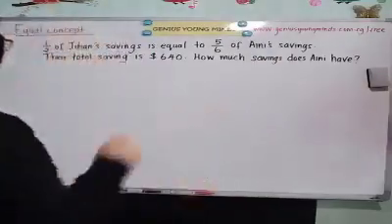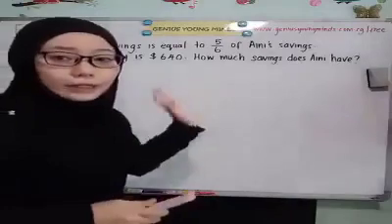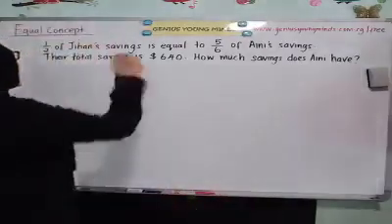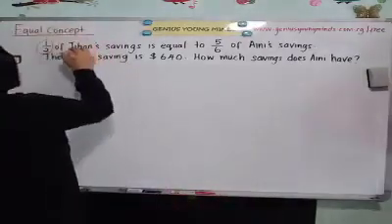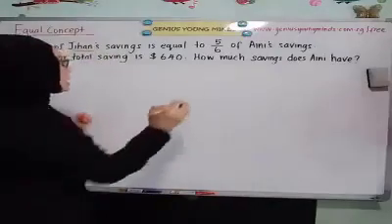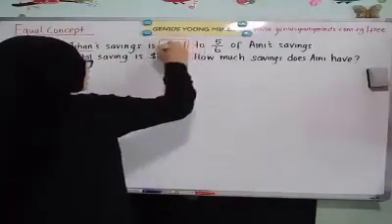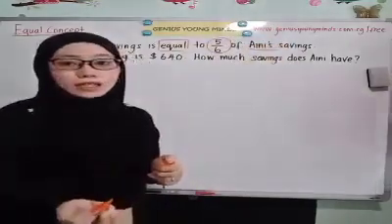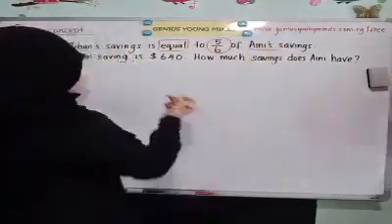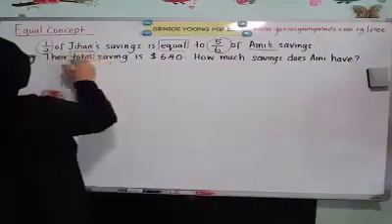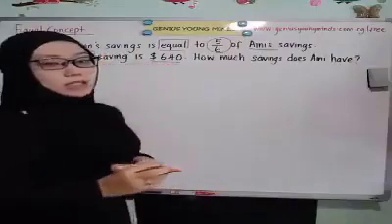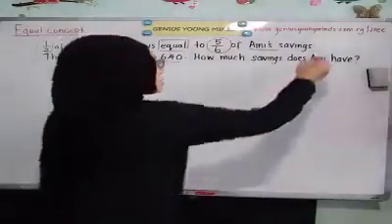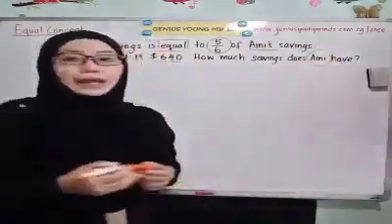Let's underline the keywords: half of Jihan's saving is equal to 5/6 of Aini's saving. Their total saving is 640. How much savings does Aini have? I'm going to find Aini.